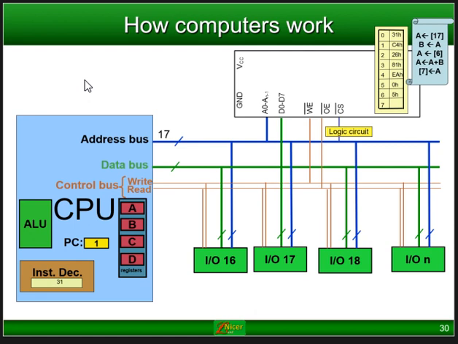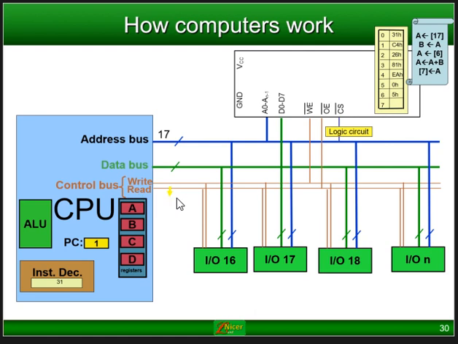Let's step. As you can see there on the address bus, 17 is placed, which means it's going to address this IO here. If you look closely, you will see this arrow, it's a poor color to use, this yellow, but this arrow is pointing down, meaning the read line is going low.